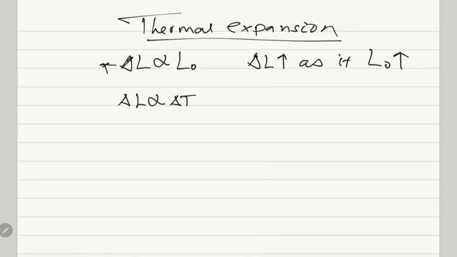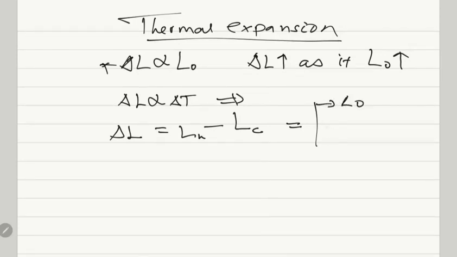So this implies the change in length, which is equal to the length at the hotter temperature minus the length at the colder temperature, is increasing with two things. One is the length at the lower temperature, and the other is the change in temperature we brought.